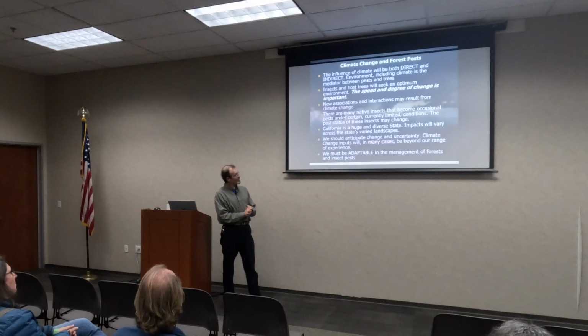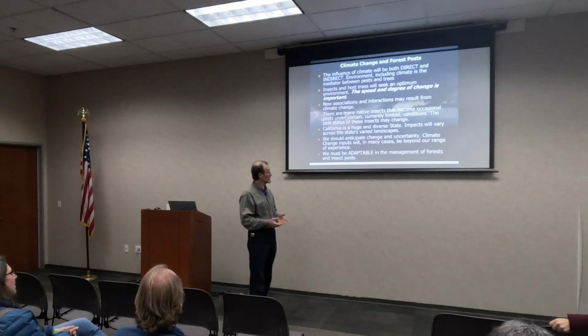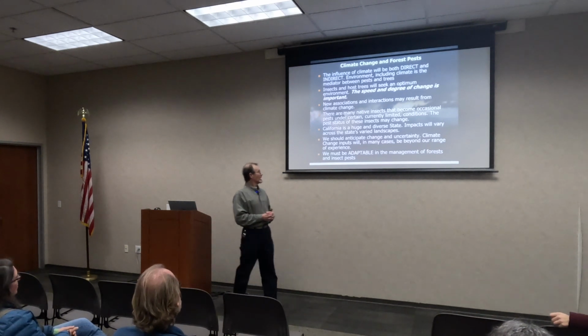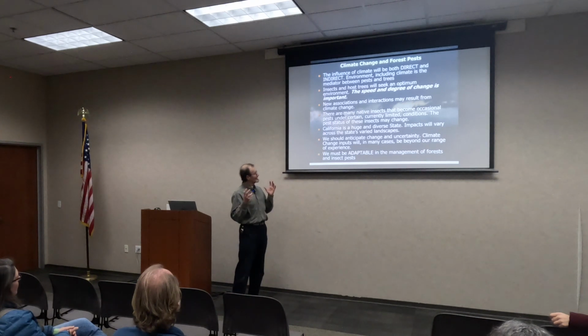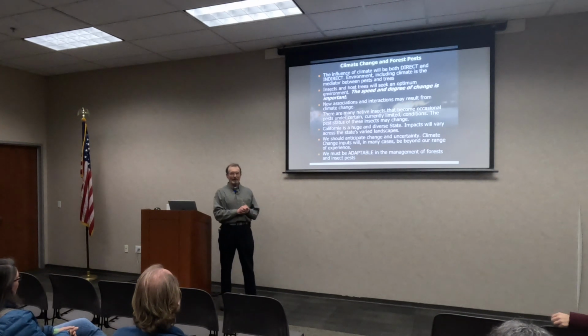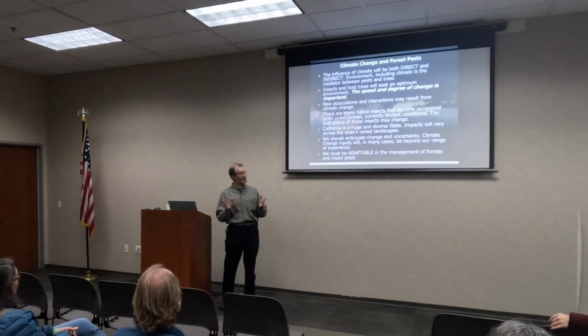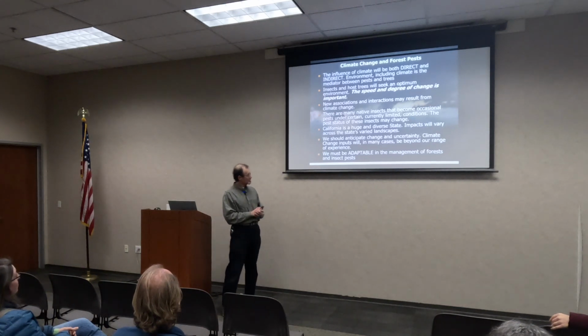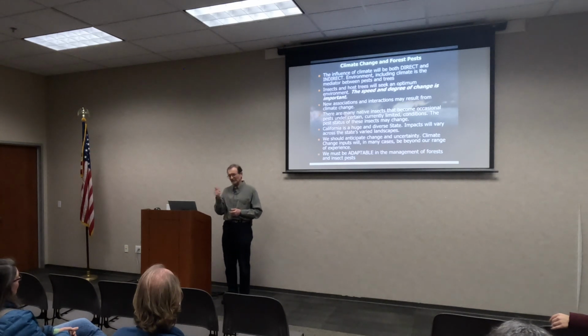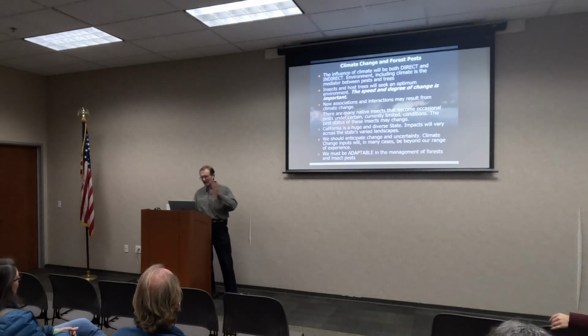The big thing is, we should anticipate change, and forests are going to be threatened because of that change. And so we should anticipate it and recognize that we may not be able to predict exactly what's going to happen. There's going to be a certain amount of uncertainty. So in terms of managing our forests and managing our pests, we have to think outside the box and be adaptable.